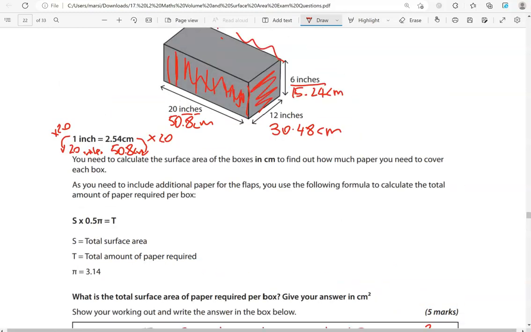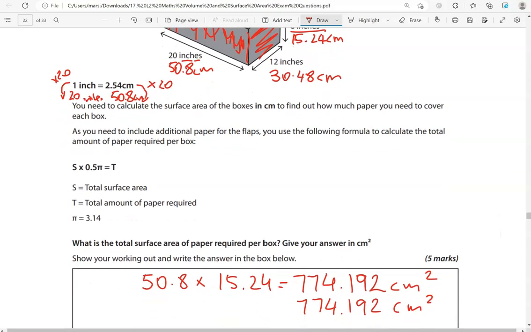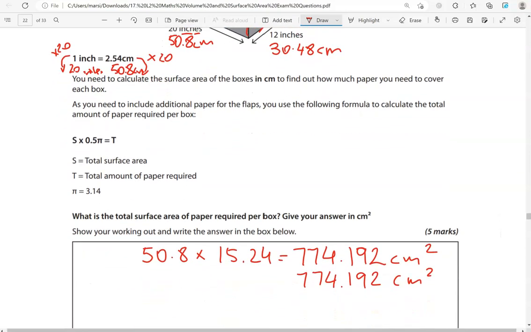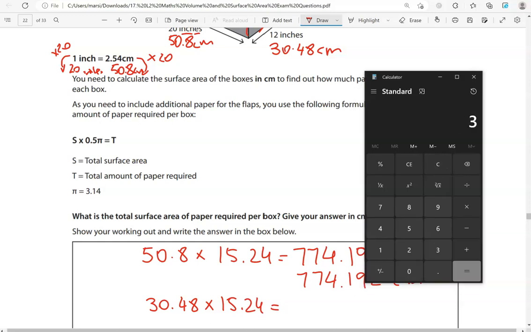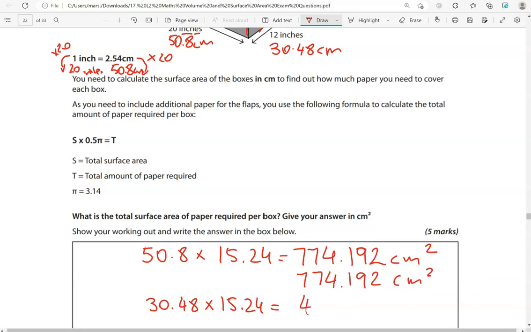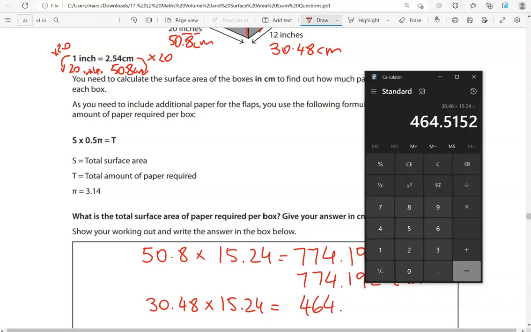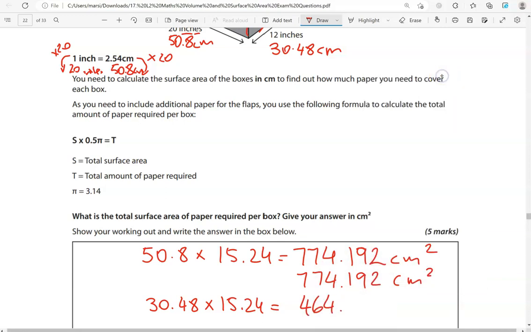Let's look at this face. That has dimensions 30.48 and 15.24. So that's just 464.5152.